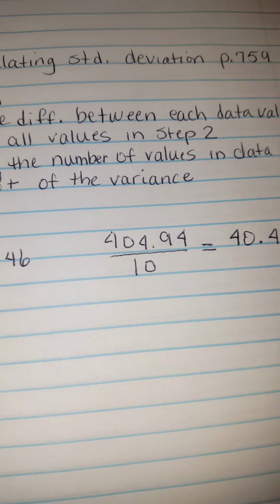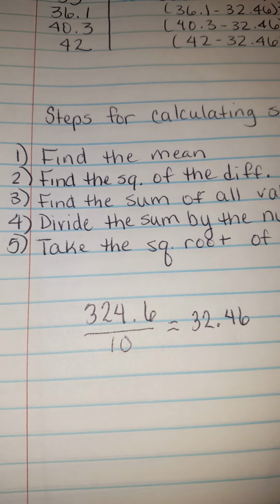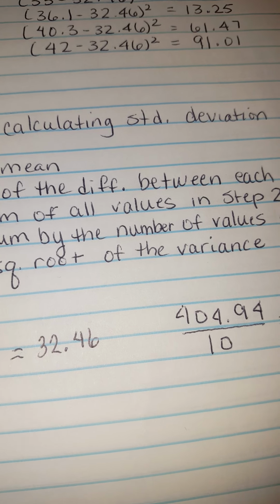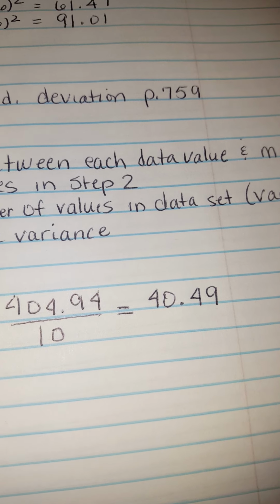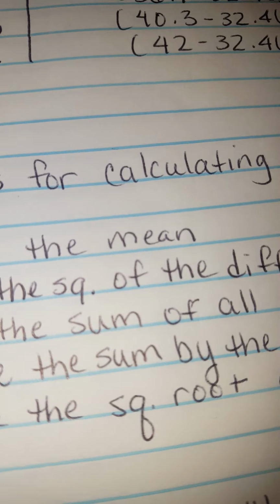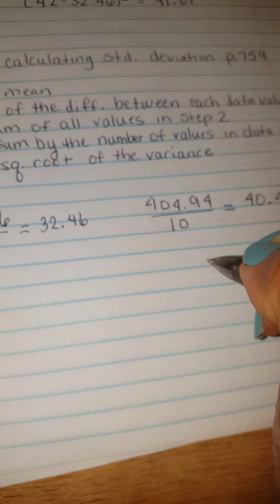And then our final step, step 5. Step 5 says to take the square root of the variance, and that will give us our standard deviation. Our variance we found is 40.49, so my next step is just to take the square root of that.